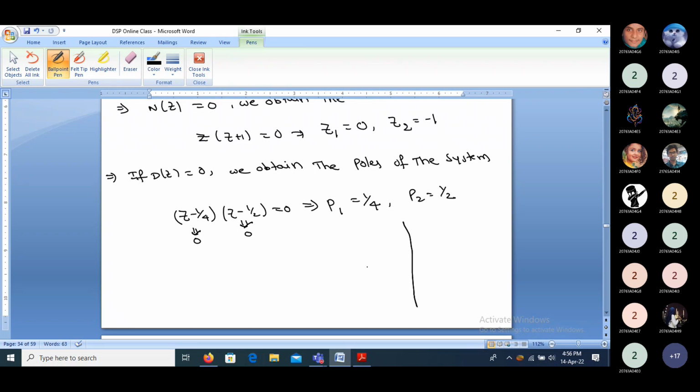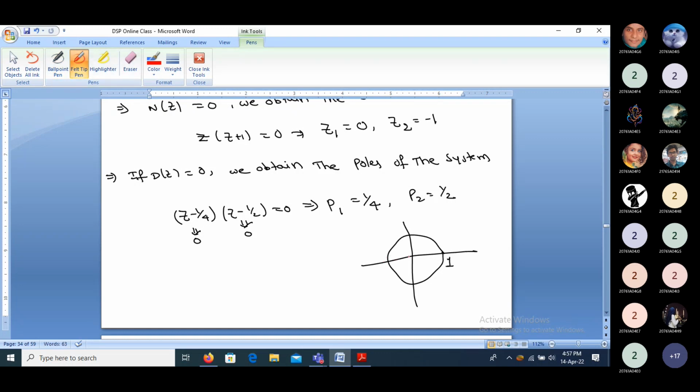Based on this we can conclude whether it is a causal and stable system. Already it is causal. Why? Because the condition is only n greater than or equal to 0, as already clearly mentioned in the problem. So now coming to the pole zero plot here. First we plot the poles.